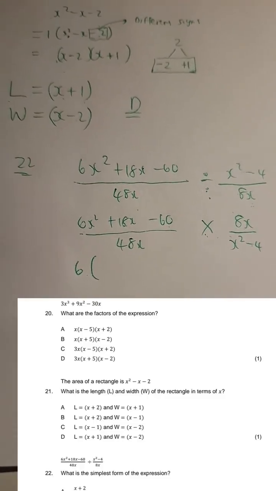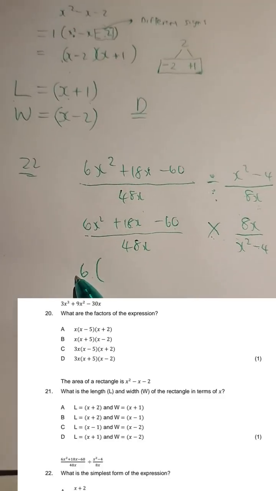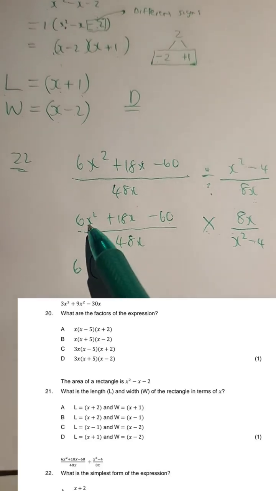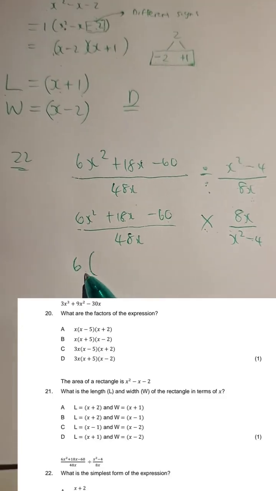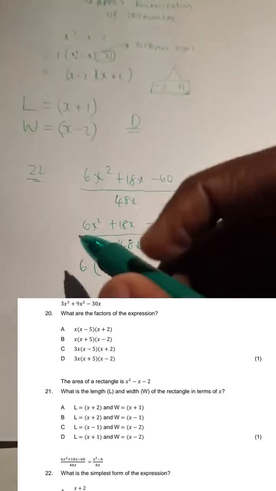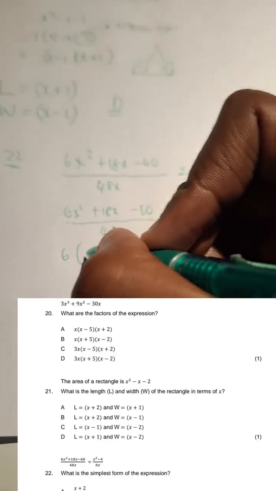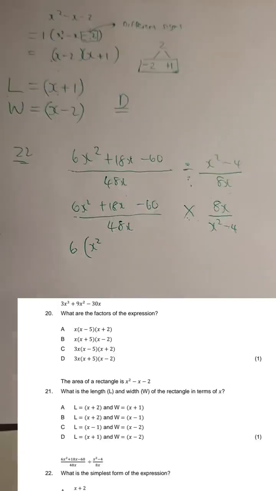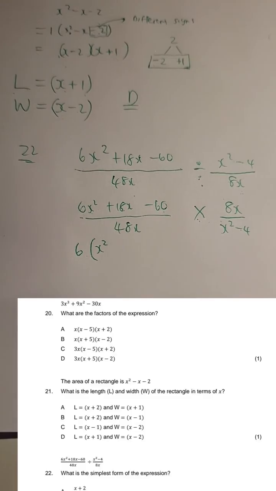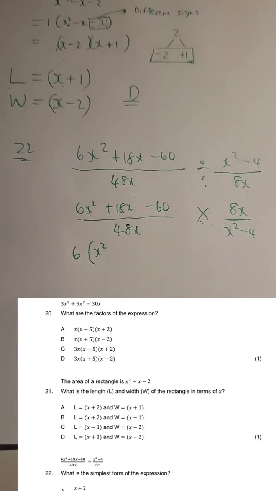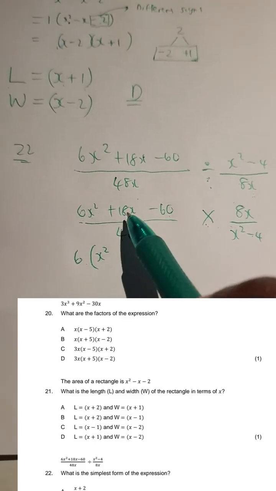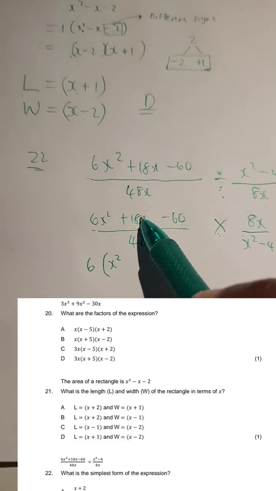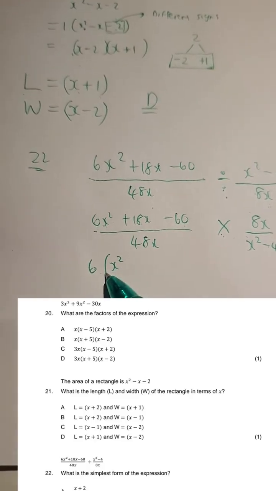What is left inside after taking out 6? 6 times what gives us x squared? Or in other words, what is 6 divided by 6? We are left with 1, and the x squared is also left inside the bracket as our first term. Now our second term: 6 times what gives us 18x? What's 18 divided by 6?